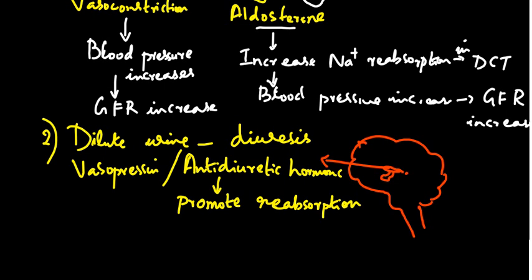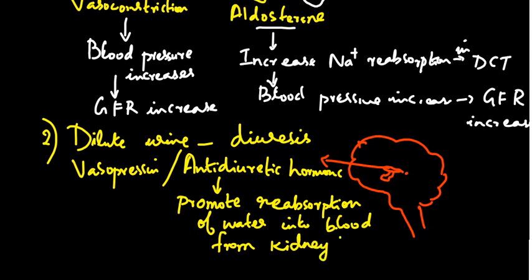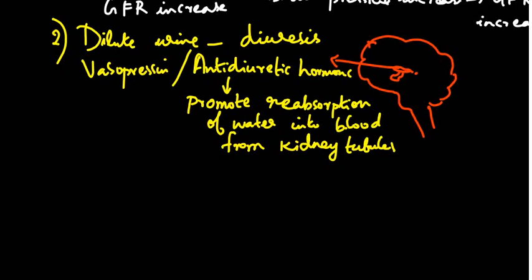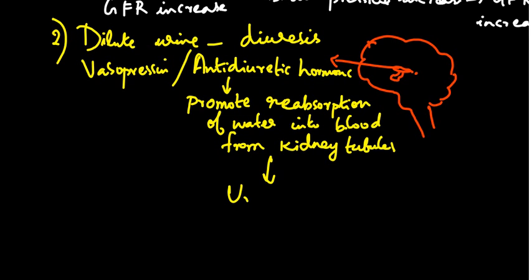So it promotes reabsorption of water into the blood from the kidney tubules. When the water is getting reabsorbed from the kidney tubules, that will result in concentrated urine.